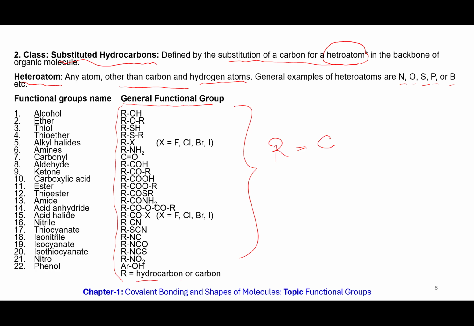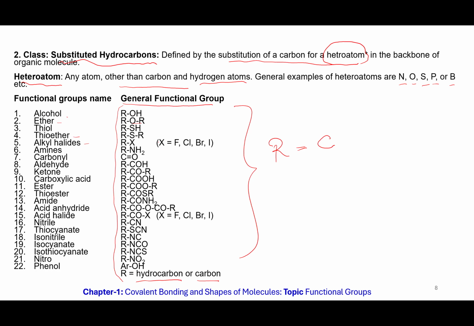So R is either hydrocarbon or carbon. So alcohol has functional group ROH. Ether has ROR. Thiol, when its oxygen is replaced by sulfur.